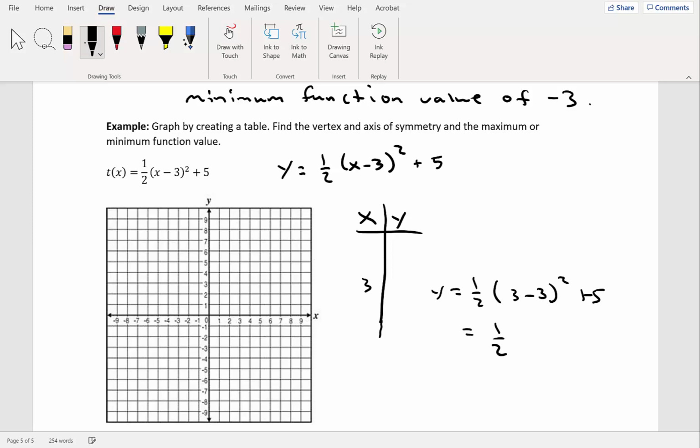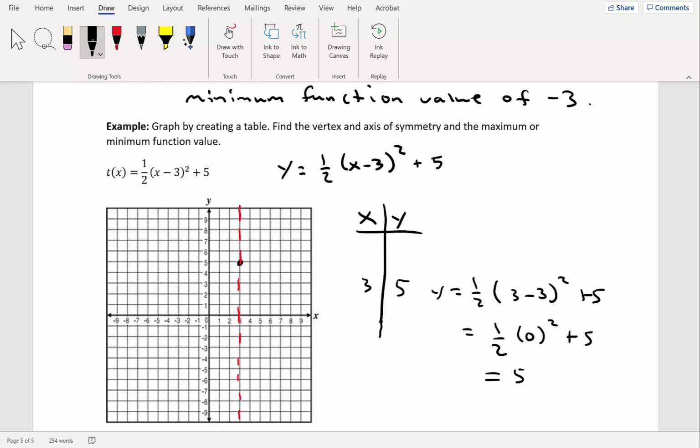So I have 1/2 times 3 minus 3 gives me 0. So I have 0 squared and then plus 5. Well, 1/2 times 0 gives me 0, which leaves me with 5. So I have the point 3, 5. That is my vertex. Let's draw our axis of symmetry, so that way we could use it to find an additional point.